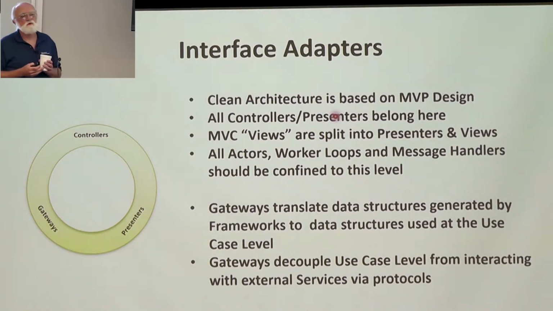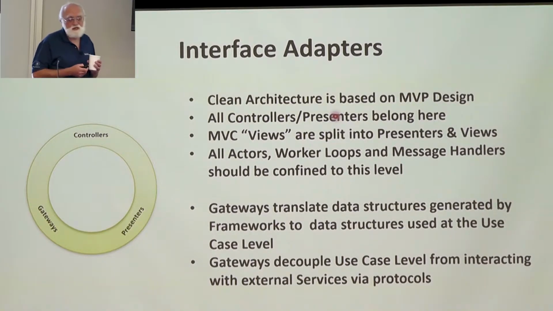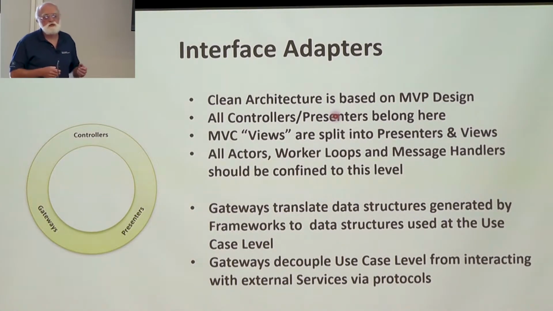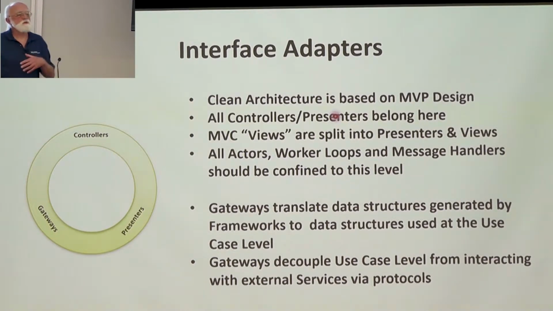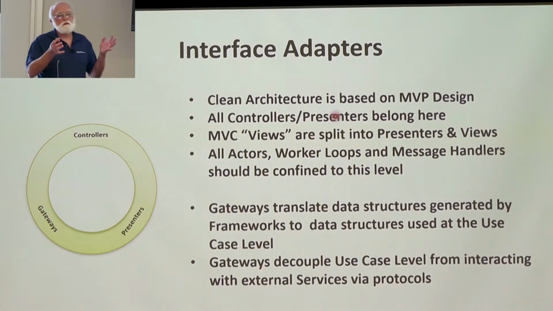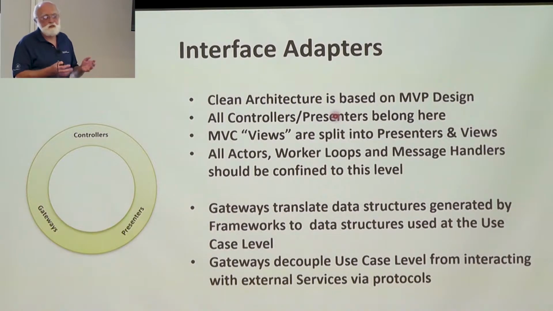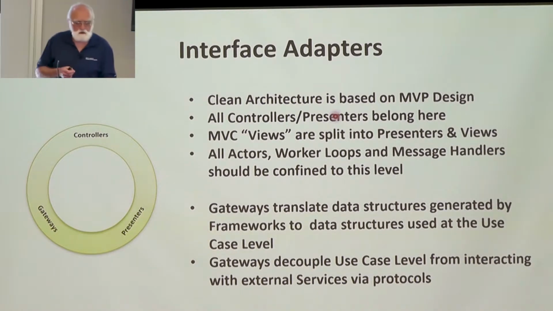Interfaces and adapters: you can see two words, controllers and presenters, which means clean architecture is based on some sort of monolith control paradigm. And in this case, it is like an MVP, model view presenter flavor. I'll talk about this later. And from my experience, all actors, worker loops, message handlers, and event generation should be confined to this layer. Your business rules should not be polluted by event handling. That's my personal take.